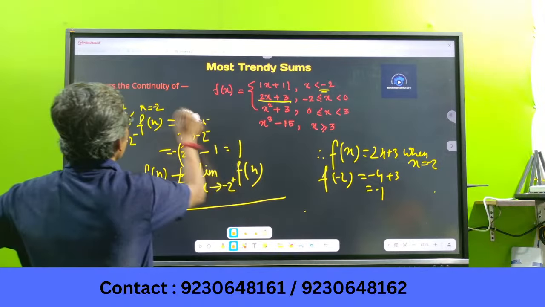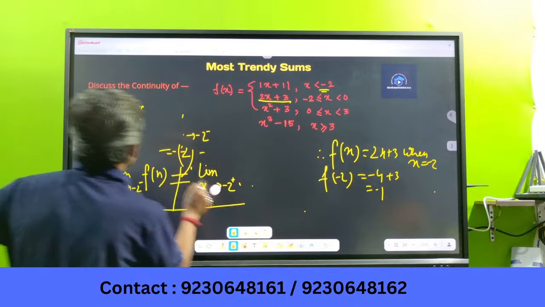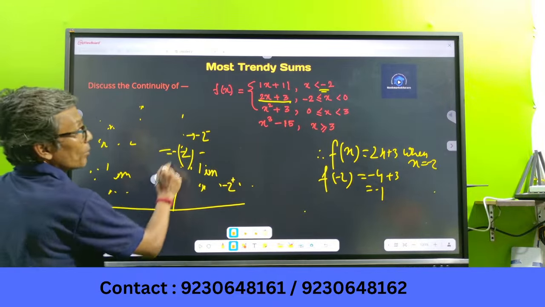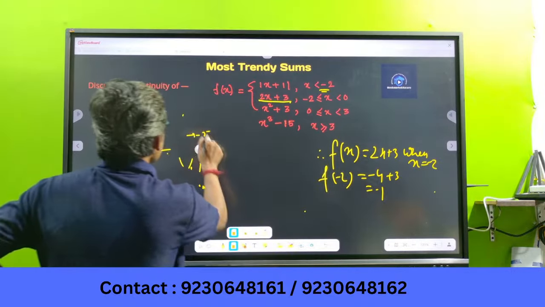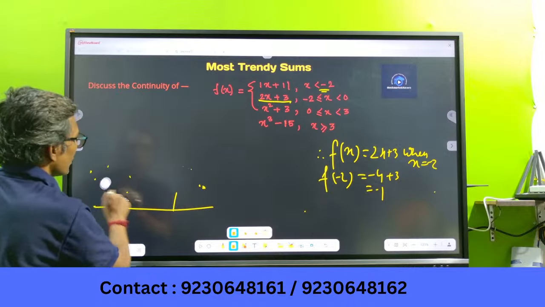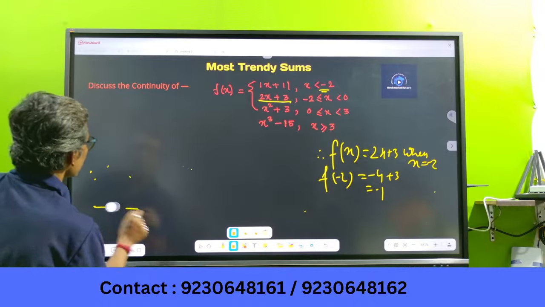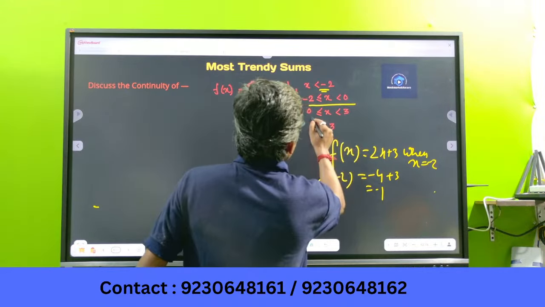So now I have to check continuity at the point x is equal to 0. At the point x is equal to 0, the intervals are this and this.